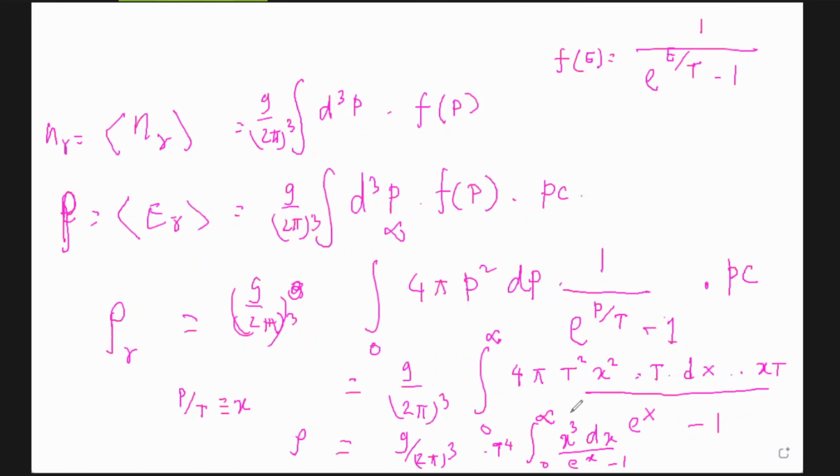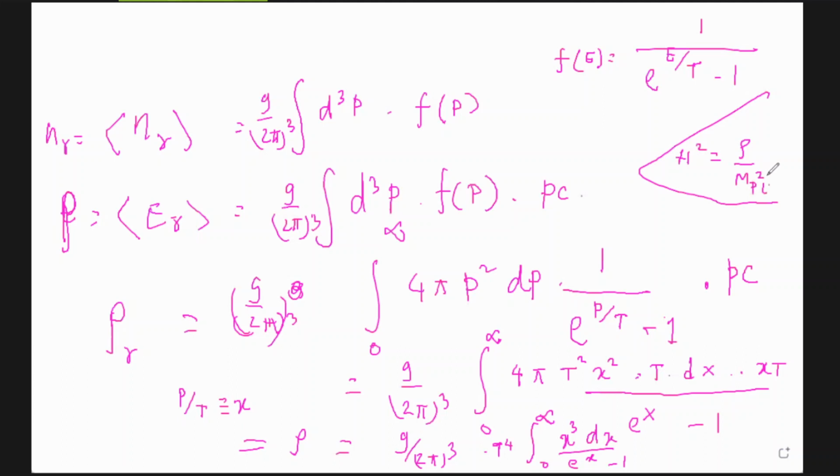What is the value? So now we derived from simple statistical mechanics that rho is T to the power 4 times some constant. And now rho, we know from the Hubble equation, that is why we are connecting StatMech with GR, H square is equal to rho by M Planck square.